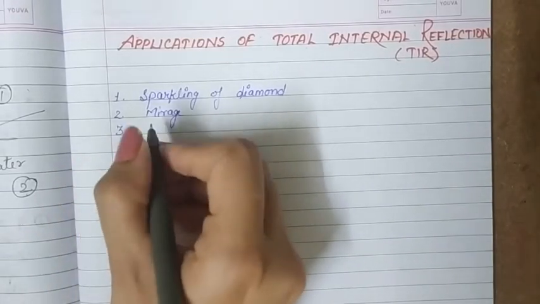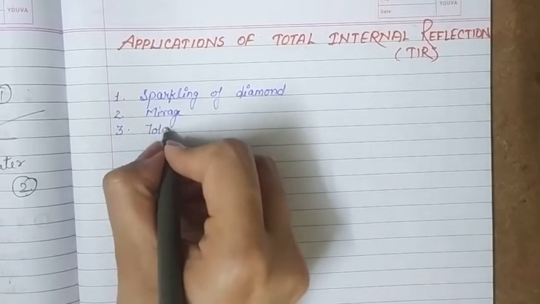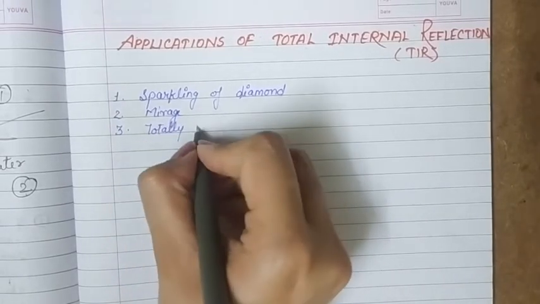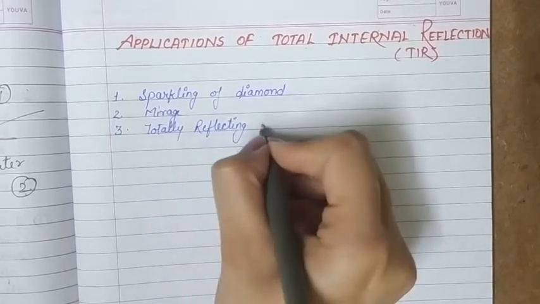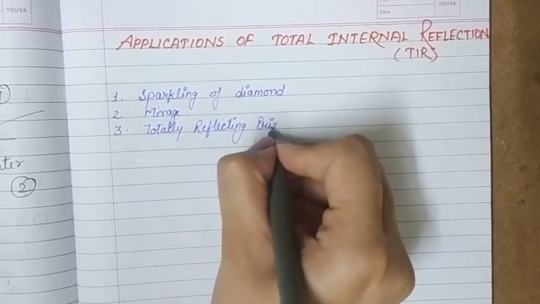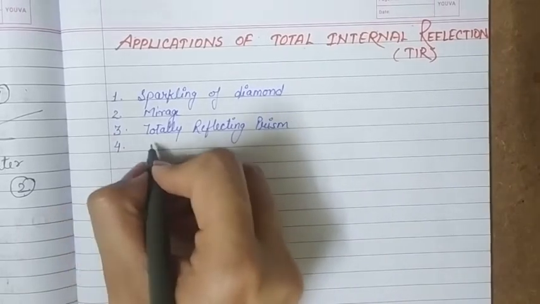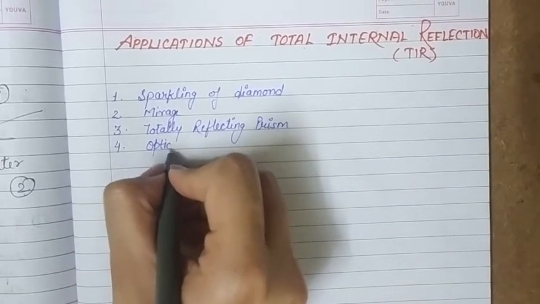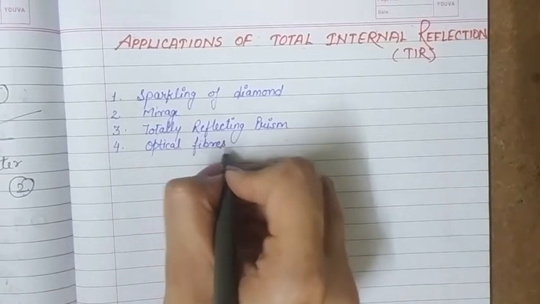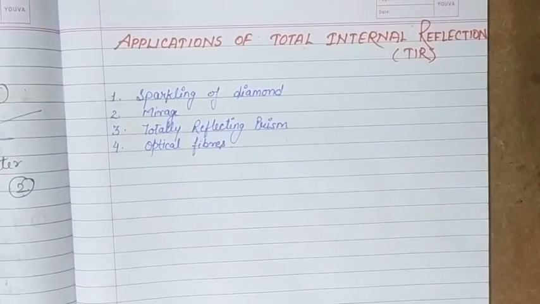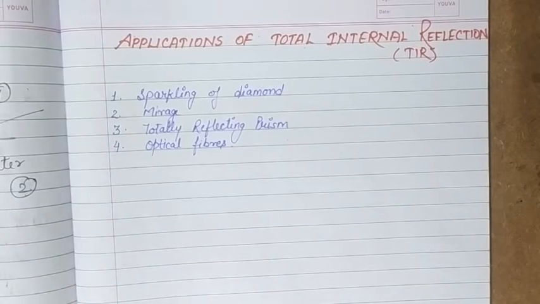Third is the totally reflecting prism. And the last one is optical fiber. So these are the four applications of total internal reflection that we are going to study today.